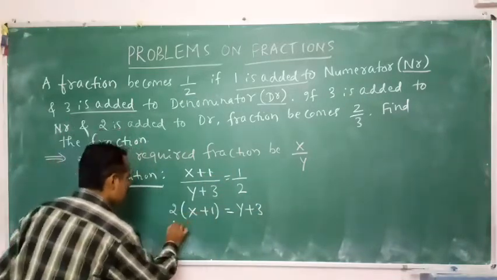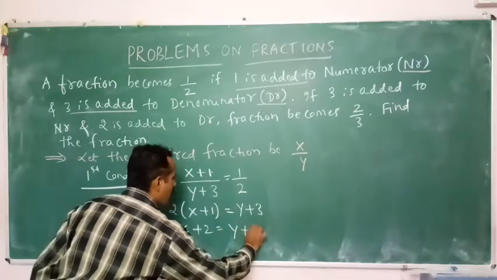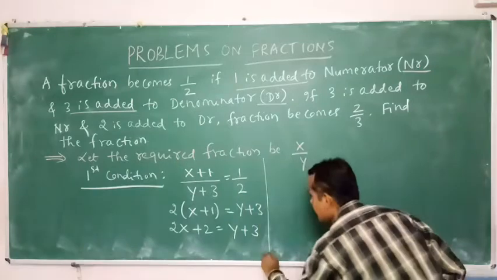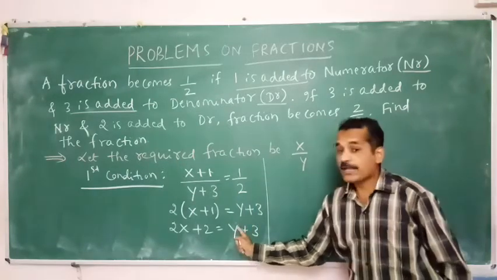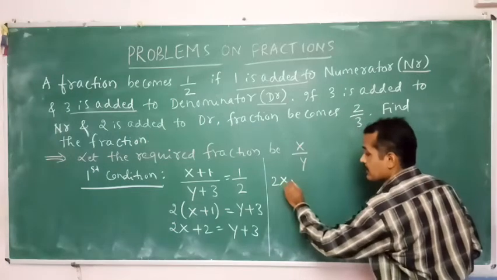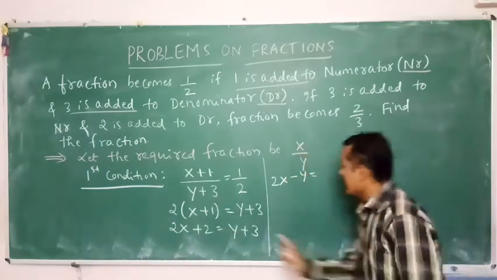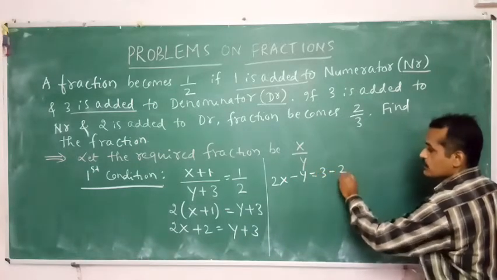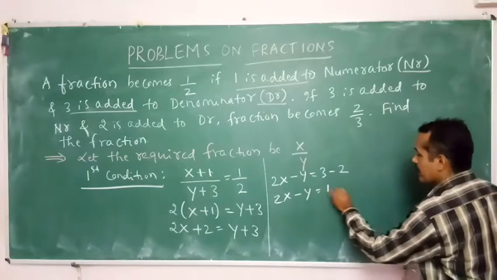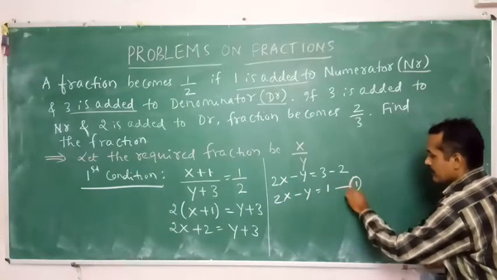Open the bracket. 2x plus 2 is equal to y plus 3. Let me take the y to the LHS and 2 to the RHS, so 2x minus y is equal to 3 minus 2, which is 1. Let me call it equation number 1.